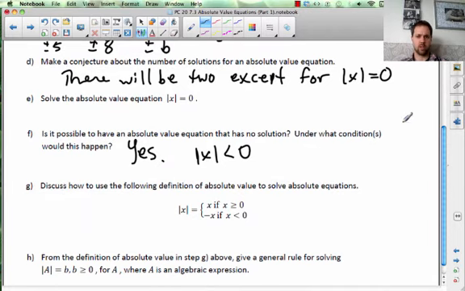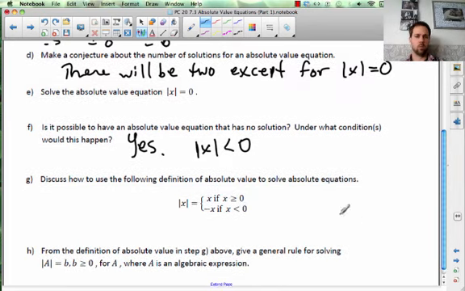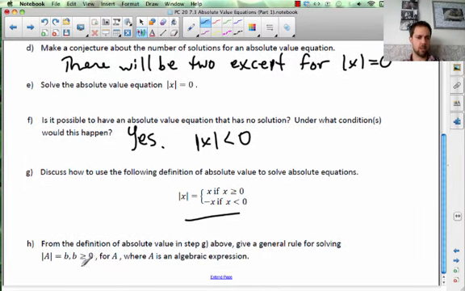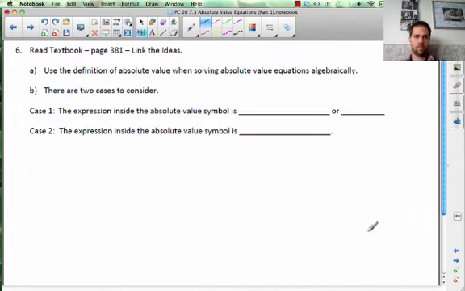Discuss how to use the following definition of absolute value to solve absolute equations. Okay? We'll just get practice with this later together. Use the definition of absolute value. So there are two cases to consider.